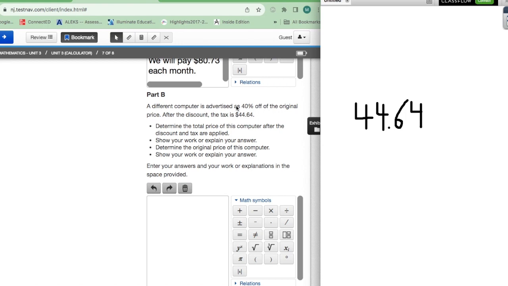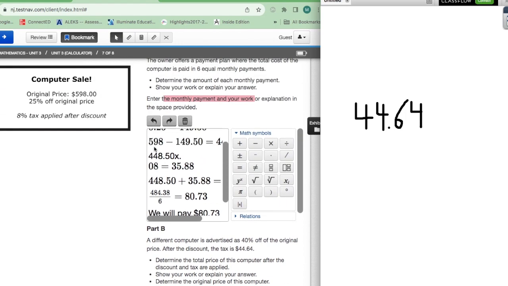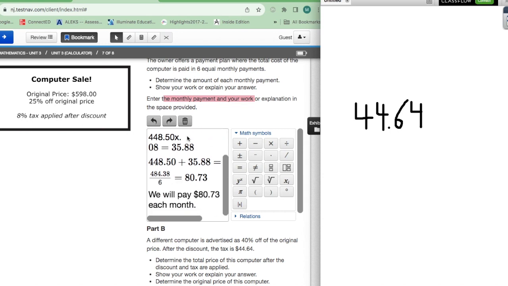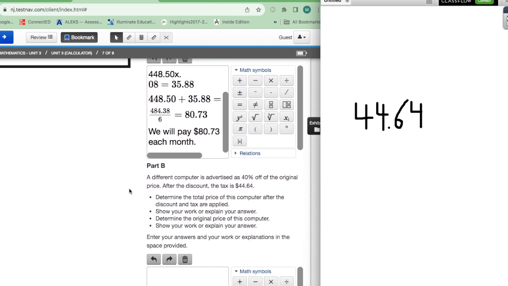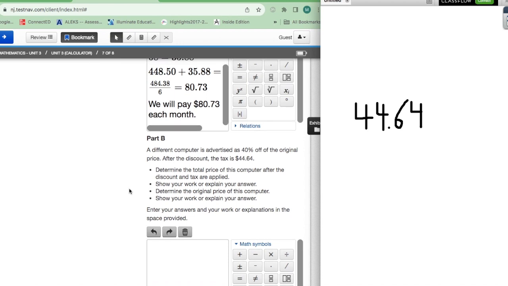All right. So the tax is $44.64. So we're assuming that the tax rate is the same, the 8%. Okay, so we've got to work backwards. So this is 8% of something. So this is 0.08. This is where we're going to use a variable, x.